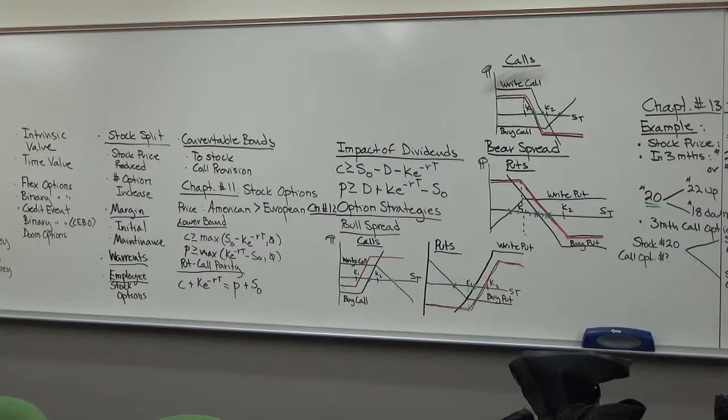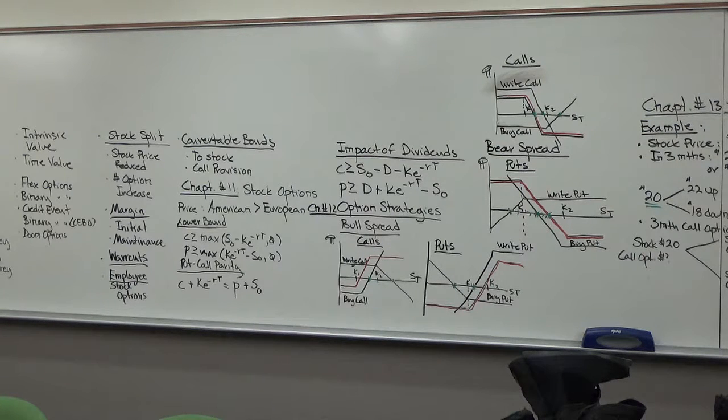So 22 minus 18 delta gives you 4 delta, which equals 1, so delta is 1/4. So the number of shares you want to go long is 0.25. The number of options you want to go short is 1 call option.